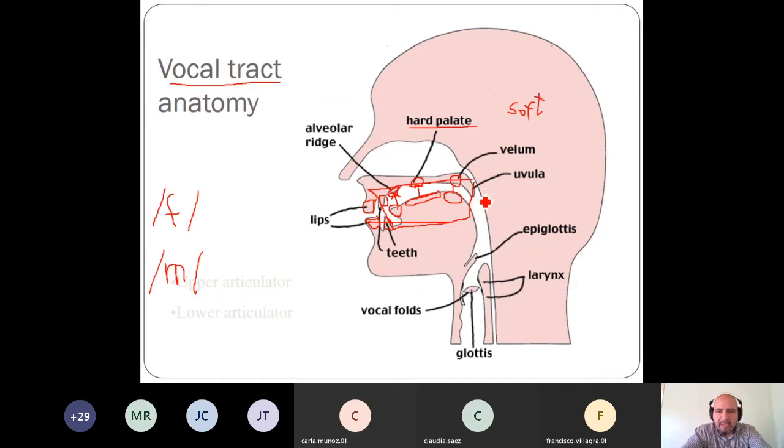And the uvula is what we call in Spanish campana.